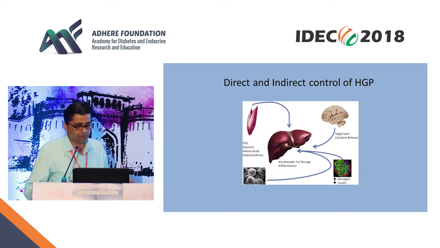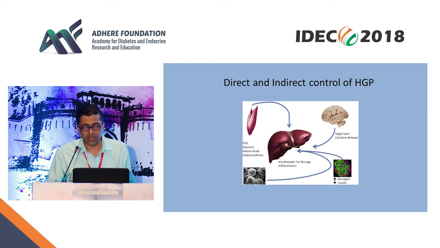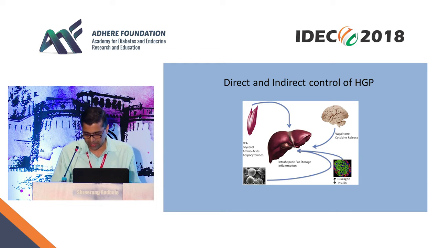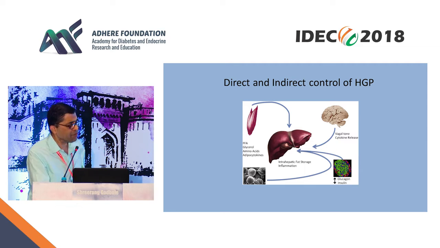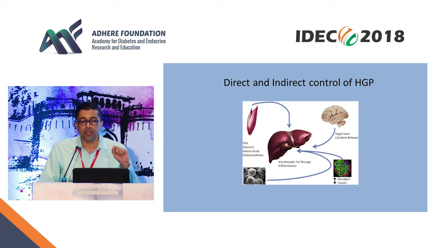But you also have various indirect controls of hepatic glucose production, such as delivery of free fatty acids, glycerols, amino acids, and adipocytokines like adiponectin and resistin, etc., which go to the liver. You also have a neural control, which is vagal specific, but also non-vagal, and it has been shown that selective hepatic vagotomy suppresses hepatic glucose production.